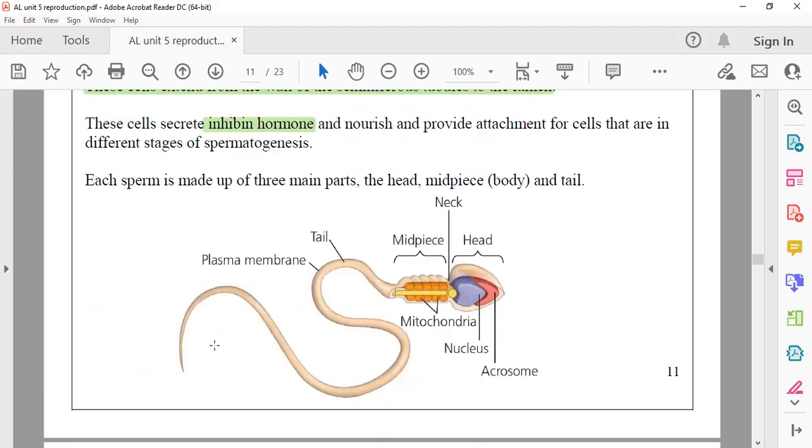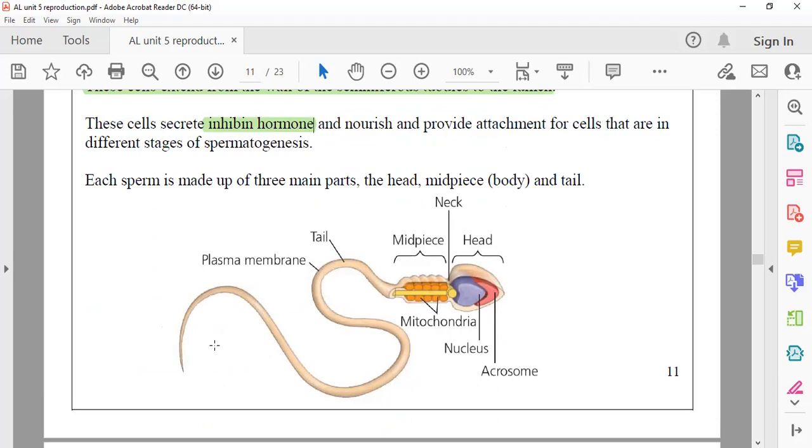Here I have selected this picture to describe the human sperm. Human sperm is a single cell. What are the three main parts of the human sperm? Head, midpiece, and tail. What is the component located between the head and the midpiece?